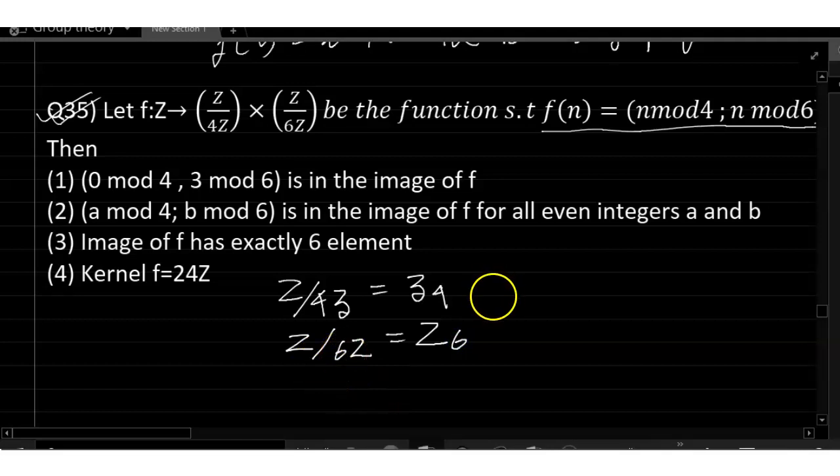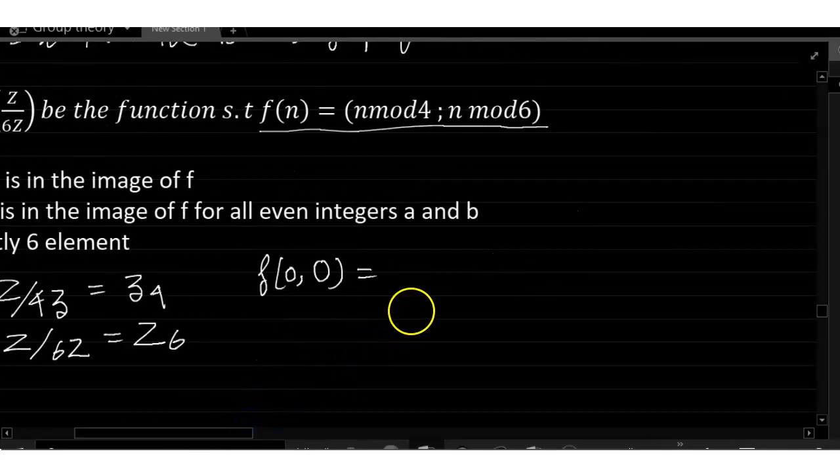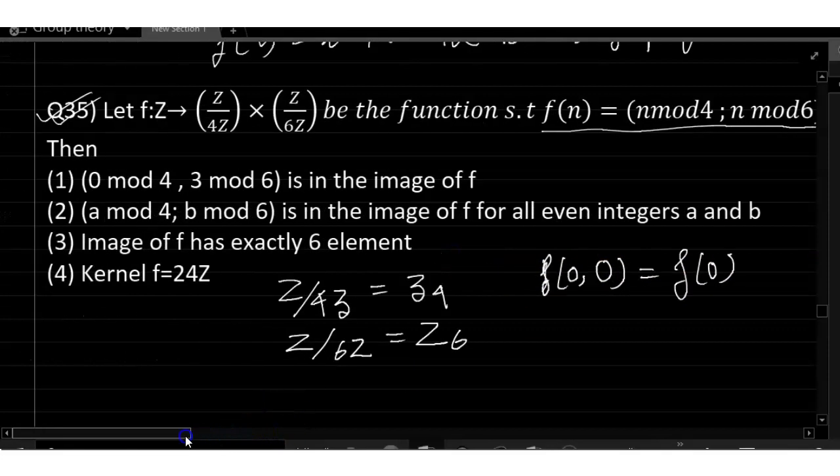Now we have to solve f0 equals to 0 comma 0. Because n is mod 4 and n is mod 6, so obviously it is correct.